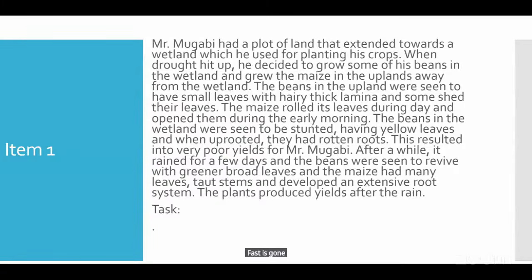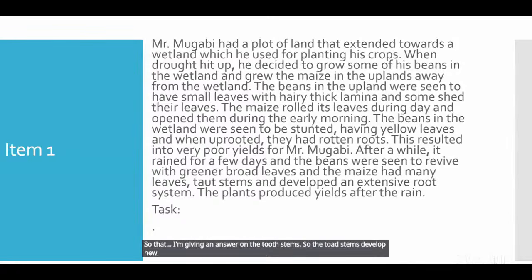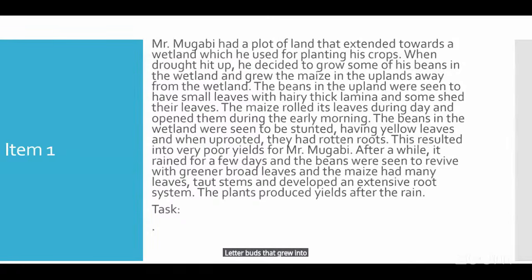Benjamin. Good afternoon, teacher. Good afternoon to you. The stems developed new lateral buds that grew into branches with leaves that helped in photosynthesis with the development of the chloroplast, hence more yields.